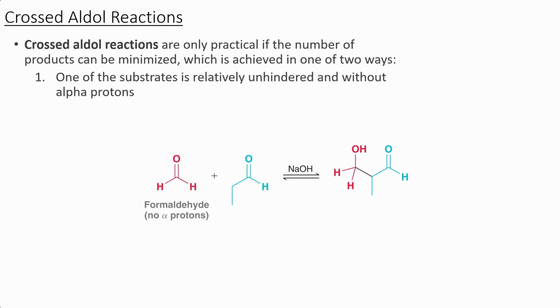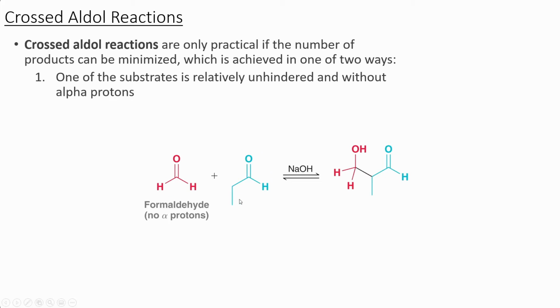The first is to use a substrate that's relatively unhindered and without alpha protons. So in this reaction, we could use formaldehyde, and this means that formaldehyde will not form any enolate because there are no alpha protons. And since it's sterically unhindered, it'll become a better electrophile.